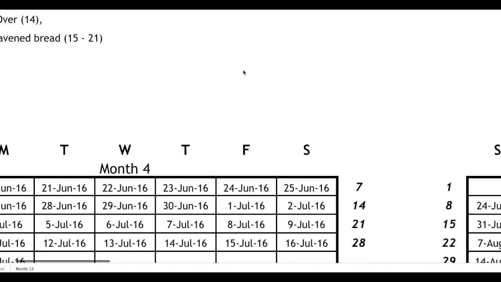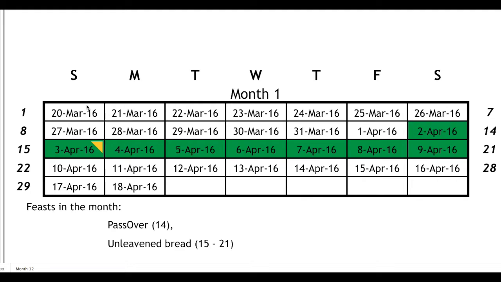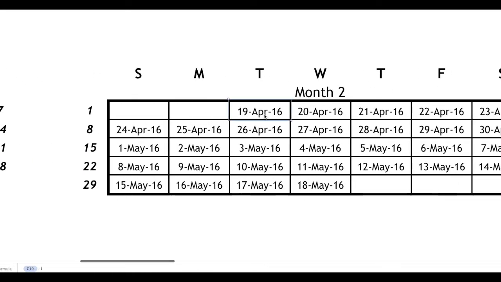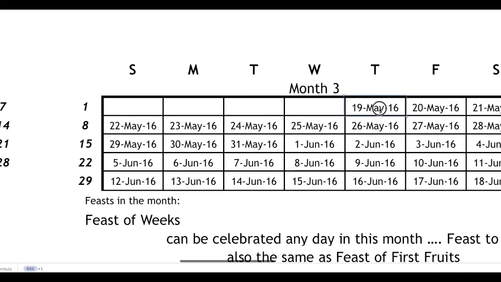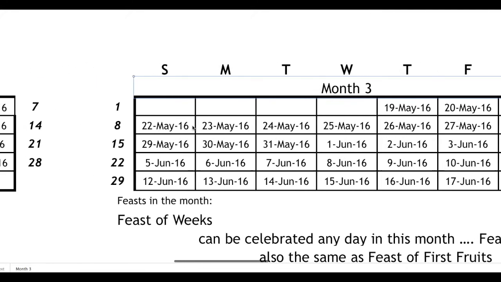So any particular day you look at, the way we arranged it, the first month starts from the first number here. The second month does not, it starts here. 19th of April, for instance, is the first day of the second month, while 19th of May is the first day of the third month. That's how you should be able to read this calendar.